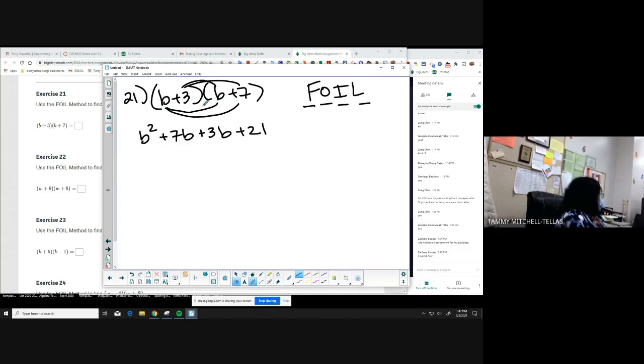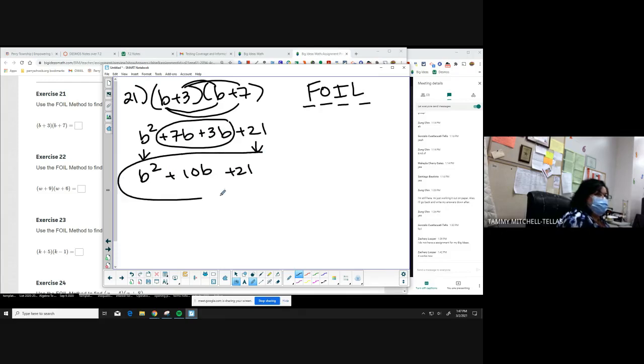So it's kind of like the distributive property for the b and the distributive property for the 3. Then I can add these two together because they're like terms. So this one and this one just drop straight down, and then 7b and 3b is 10b. So this is my answer.